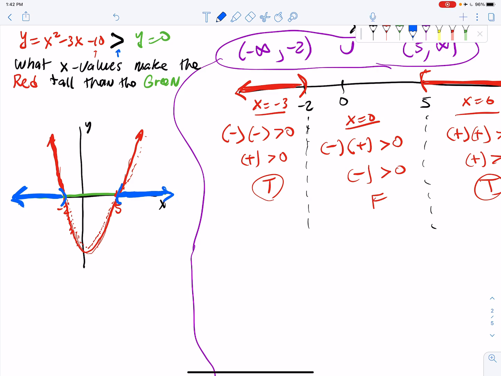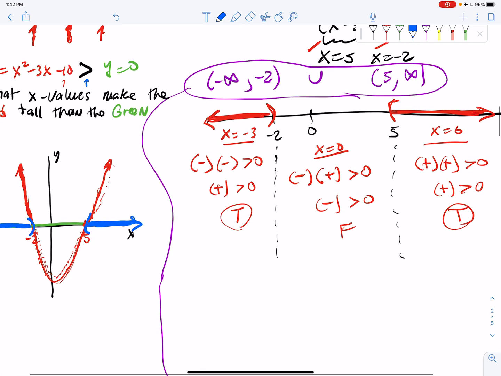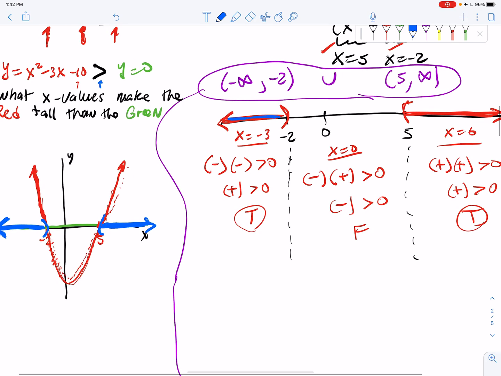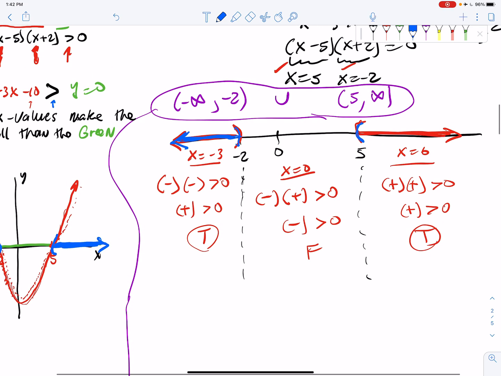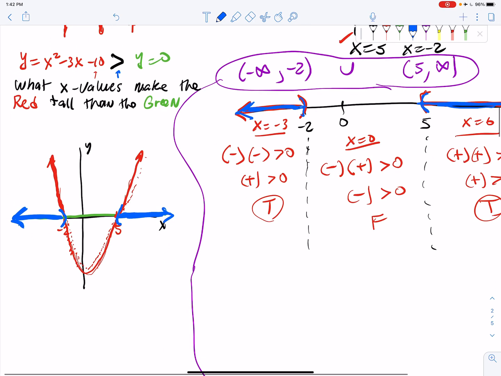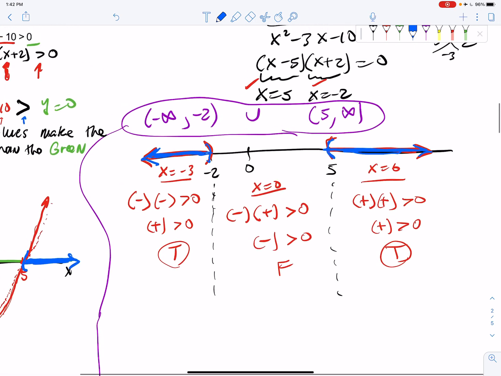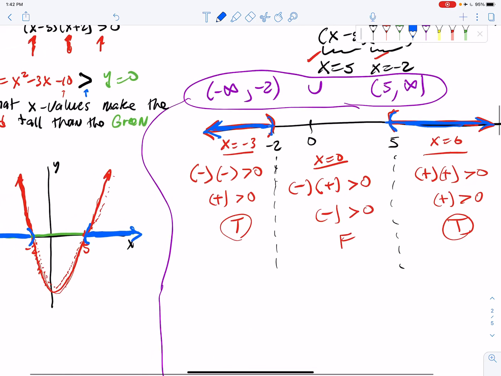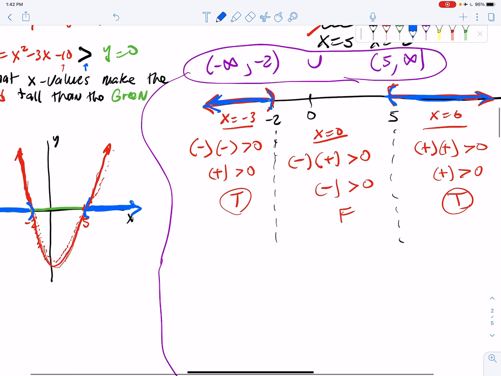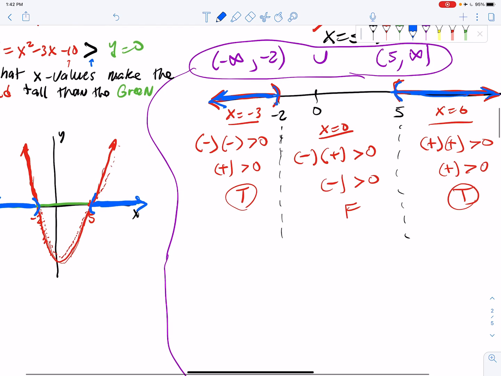And you can see that's the same exact stuff in blue here, let me make it blue over here, right? So the nice advantage when you actually graph it is you can kind of quickly see what's going on. And the advantage of this test points and critical values is that you don't have to graph it, right? You're just going to find the solutions that work on the number line.